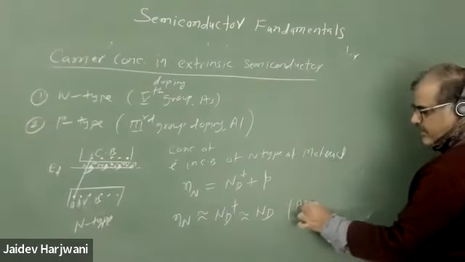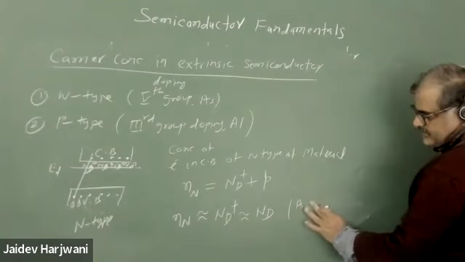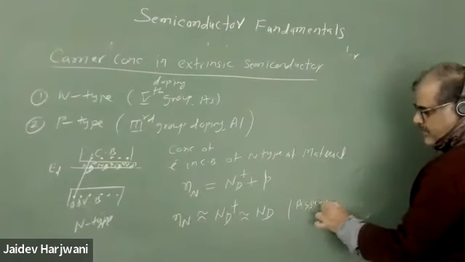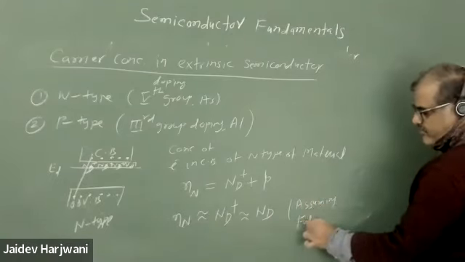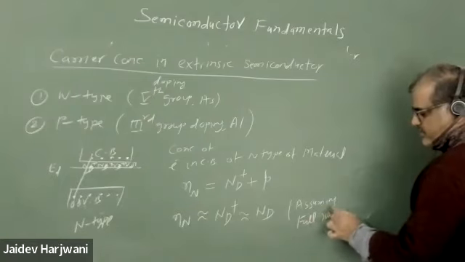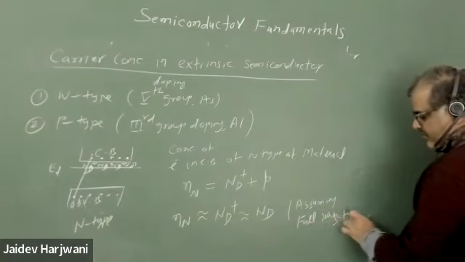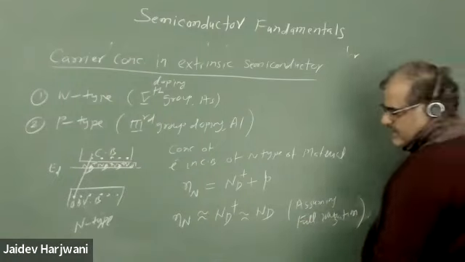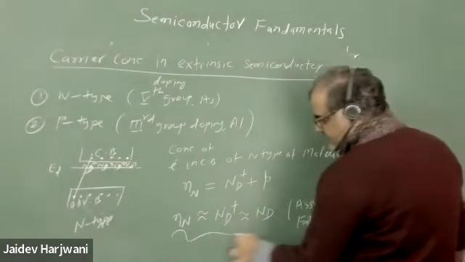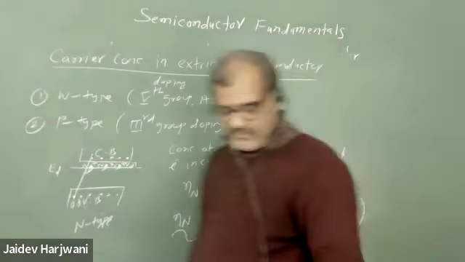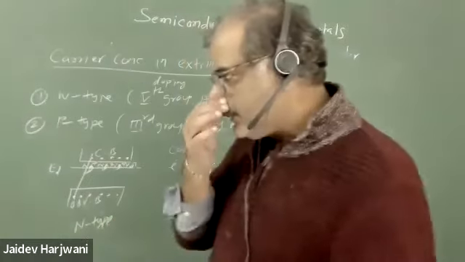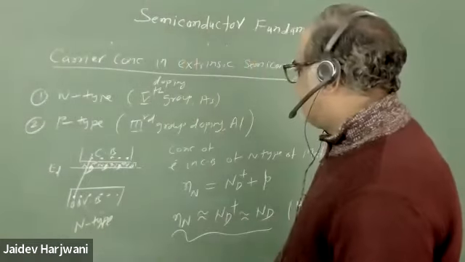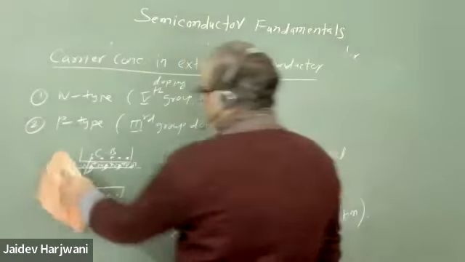So assume full ionization, so I can simply write Nn is equal to Nd, the number of electrons in the conduction band.